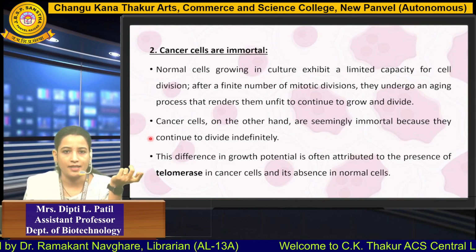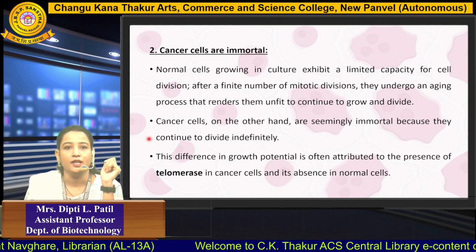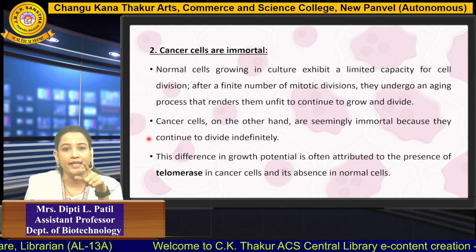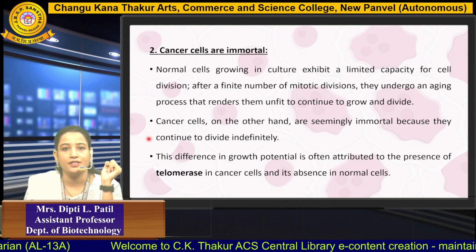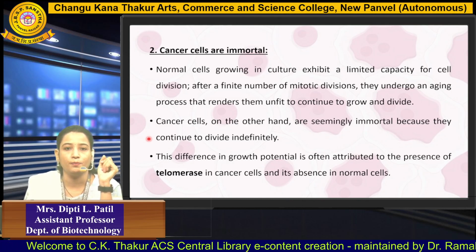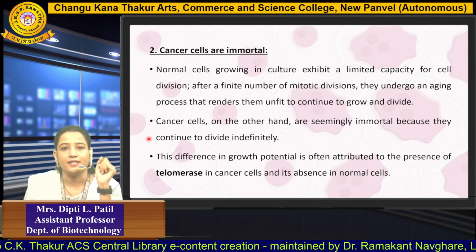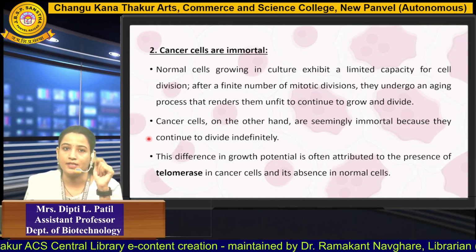But cancer cells are seemingly immortal because they continue to divide indefinitely, and this difference in growth potential is only because of the presence of the telomerase enzyme in the cancer cell, and this telomerase enzyme is absent in normal cells.